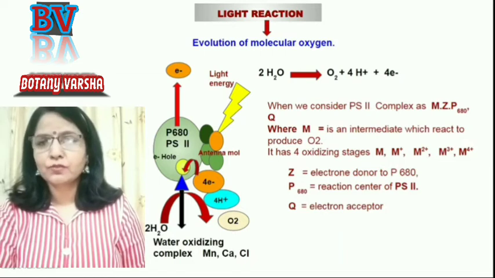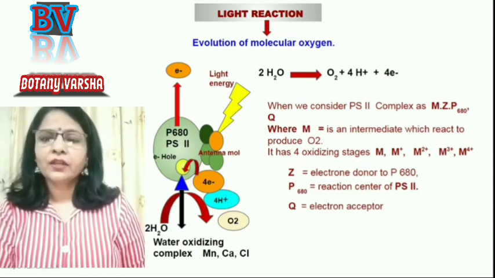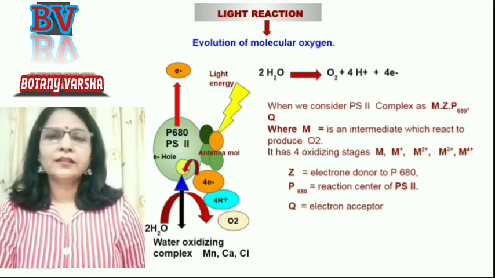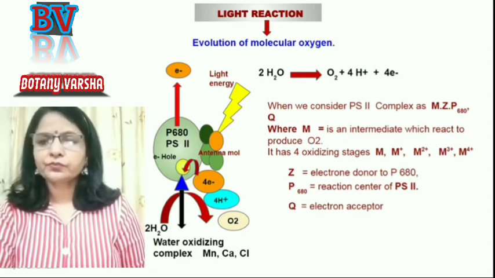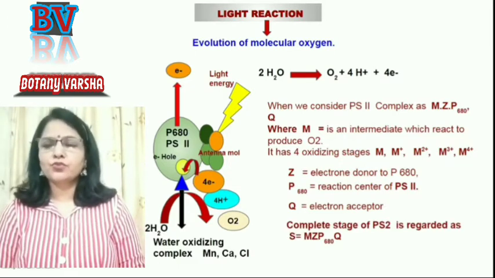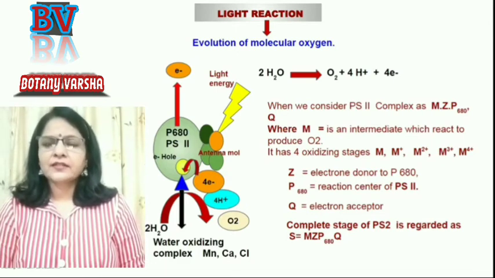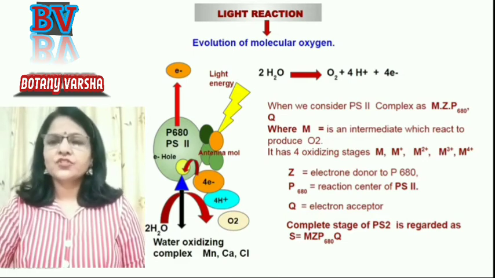When pigment system 2 gets photoexcited and releases an electron, via phaeophytin this electron is taken by quinone, that is Q. And the complete state of pigment system 2 is regarded as S. S means MZP680Q.